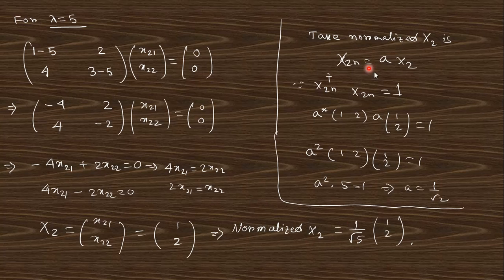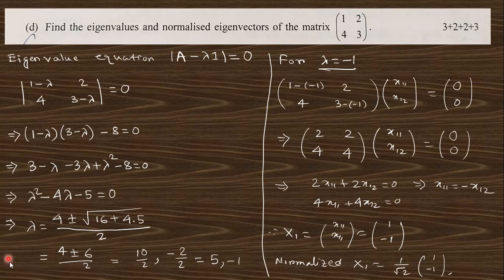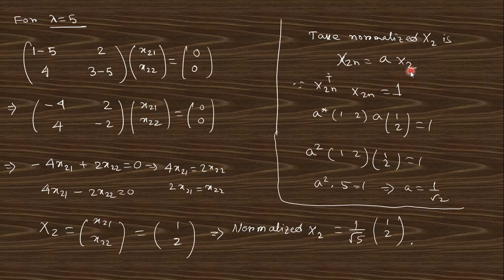For normalization, we derive how to find the normalized vector. Take the normalized eigenvector as a constant A times this matrix.